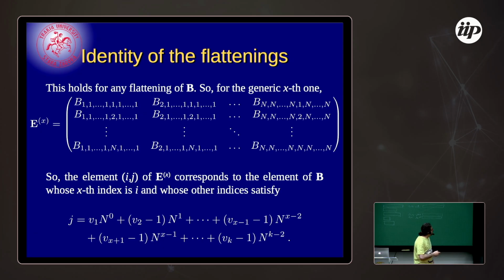Now it's the xth element that in each row remains the same and that changes with the rows: 1, 2, 3, n, 1, 2, 3, n, etc. So again, in the xth flattening, the element ij is the element of the data tensor where now its xth index equals I, and the other indices, index number 1, index number 2, index number x minus 1, x plus 1, and all the way to k, obey the same equation. X remains static there, it doesn't matter, and this is the column number j that we are looking at.